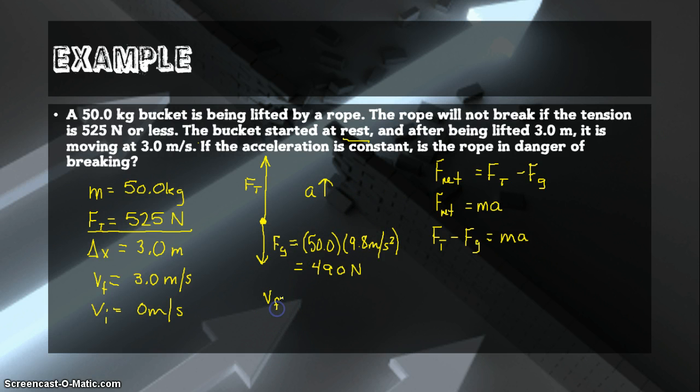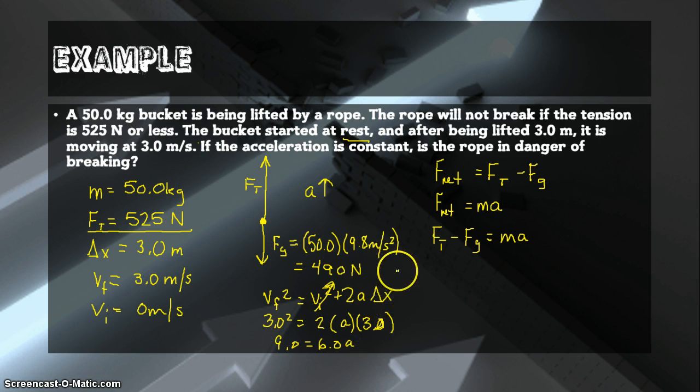We have Vf squared equals Vi squared plus 2a delta x. We know the final velocity is 3. Square that. Vi equals 0, so that's going to cancel out. Plus 2 times a times delta x, which is also 3. So we get 9 equals 6a.